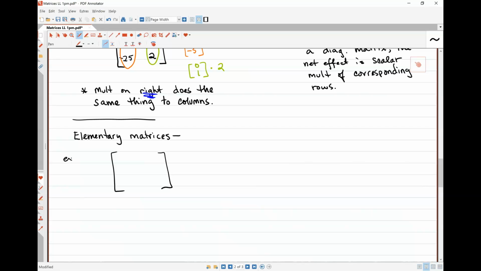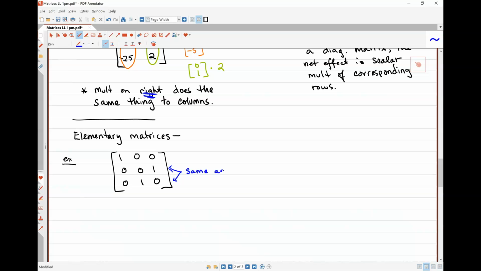So here's an example. Let's do 1, 0, 0, 0, 0, 1, and 0, 1, 0. If you look at this, you'll see that this is just like the identity matrix, except like if you took the bottom two rows and switched.